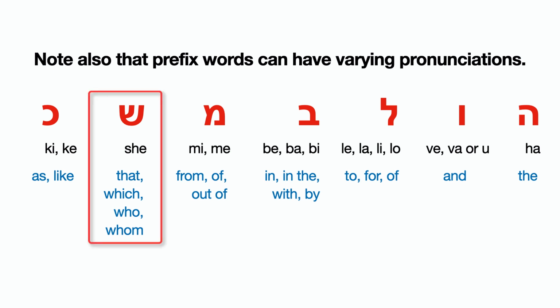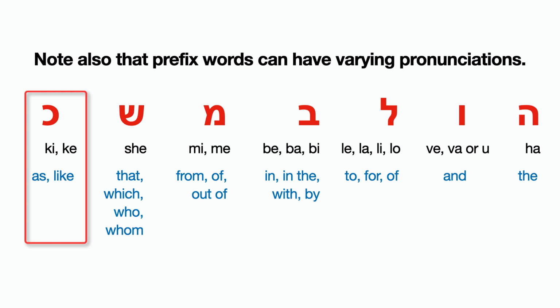Now, the Hebrew word that means that, which, who, or whom is written with a shin, and it is pronounced as she. Now, that's simple. You can only pronounce it as she. And finally, we have the Hebrew word that means as or like, and it's written with the letter kaf, and could be pronounced as ki or ke.